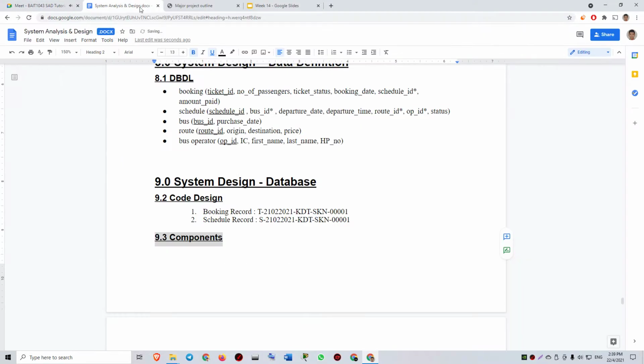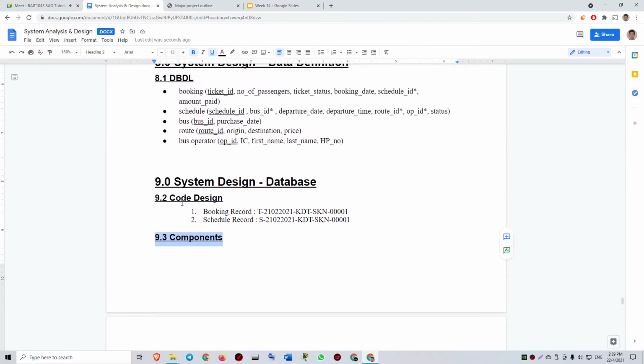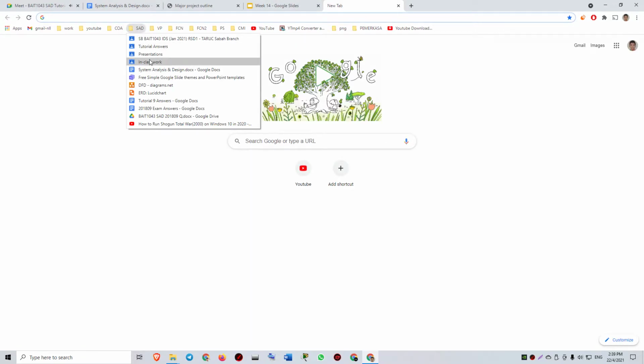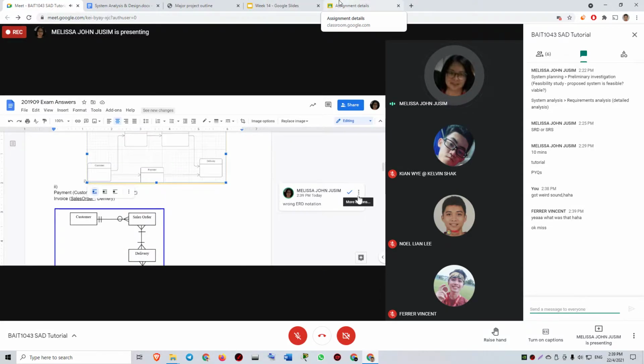So this one is wrong notation. You need to use cardinality.